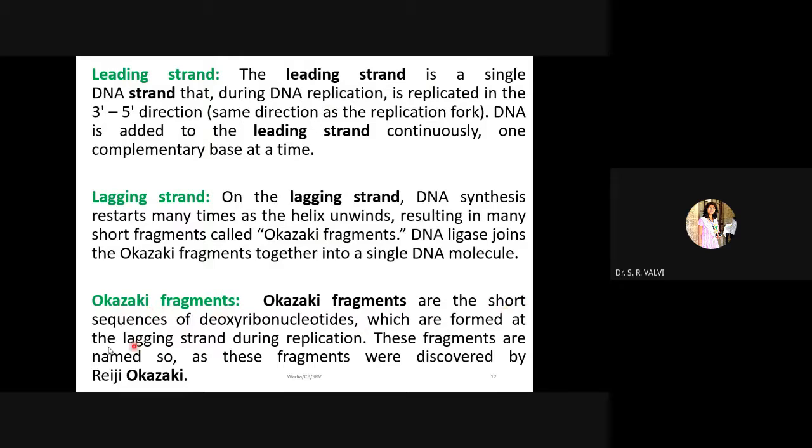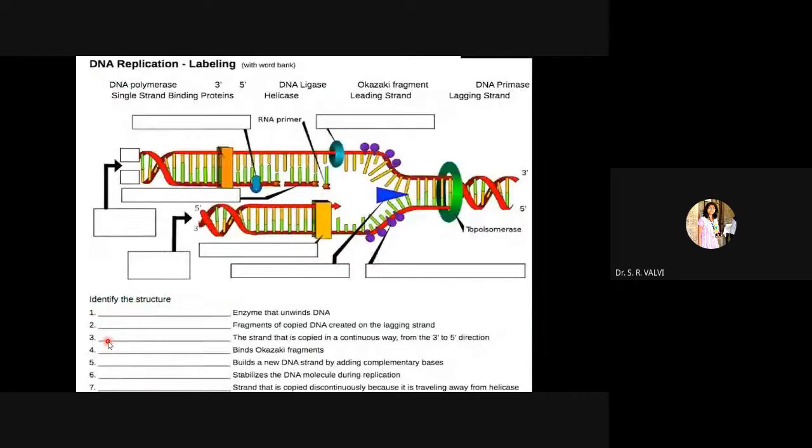These are short sequences of deoxyribonucleotides which are formed at the lagging strand during replication. These fragments are named so because they were discovered by Reiji Okazaki, right? So likewise, you have to remember what the leading strand is, what the lagging strand is, and what the Okazaki fragments are.